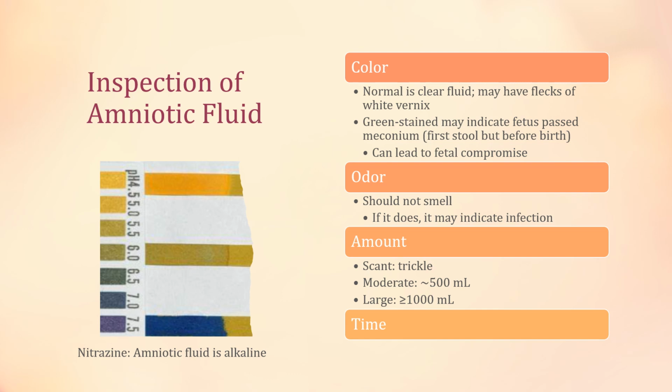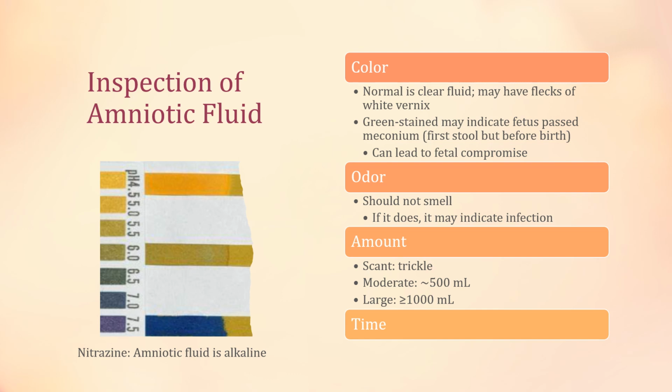All right, so let's assume that our patient's water did break, or she comes in and thinks her water's broken. One possible test at the bedside, which is becoming less common, and at our facility we really don't even do this anymore, but it's a good, cheap way to test whether it is possibly amniotic fluid. So this pH paper you see is called nitrazine.